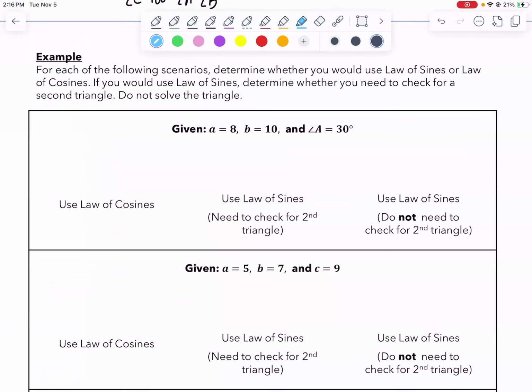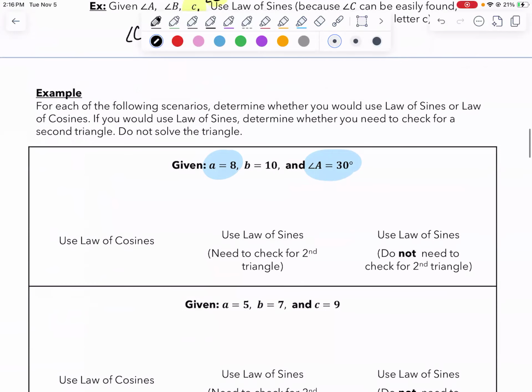And you don't know. So here, a is equal to 8, b is equal to 10, angle A is equal to 30 degrees. You know everything about A. I'm going to put "know everything about."